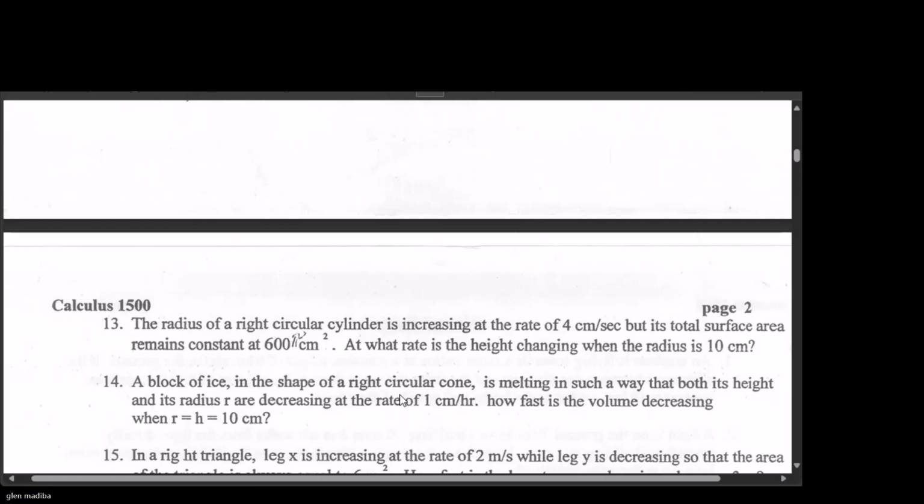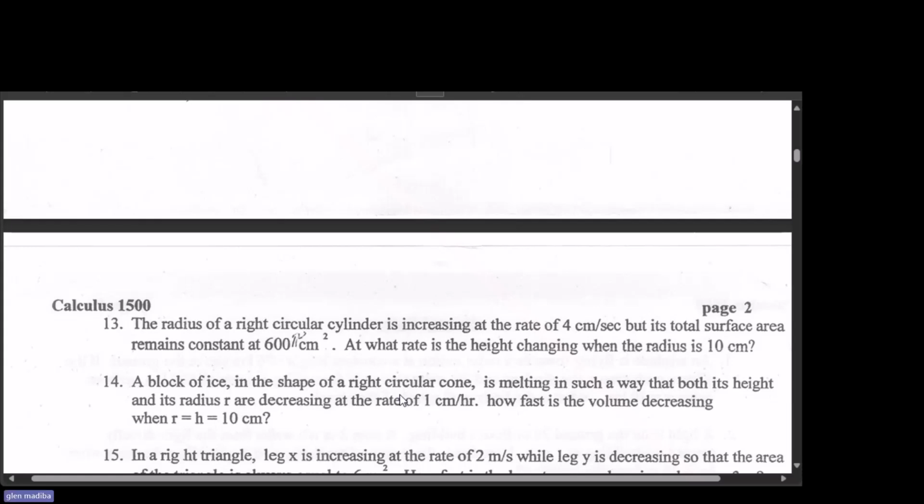Then I differentiated this equation for volume with respect to t, then I ended up having dv over dt equals pi over 3 r squared dh over dt plus pi over 3 times h times 2r dr over dt, which equals to pi over 3. We know that radius is 10 centimeters.